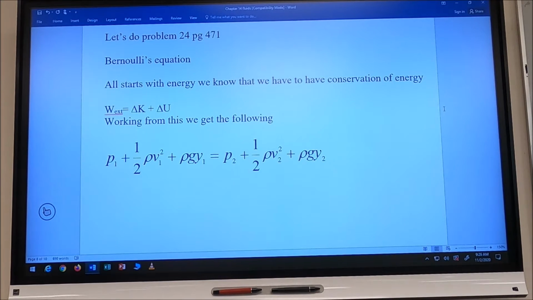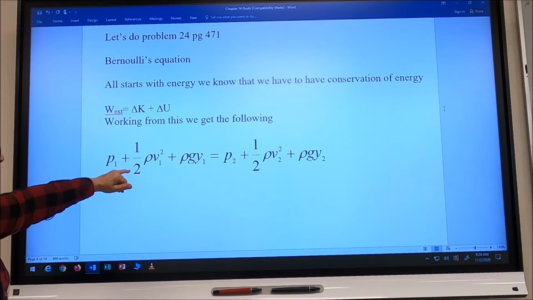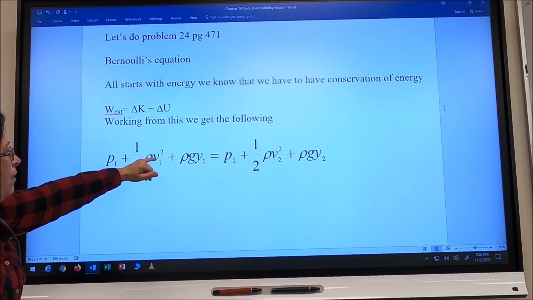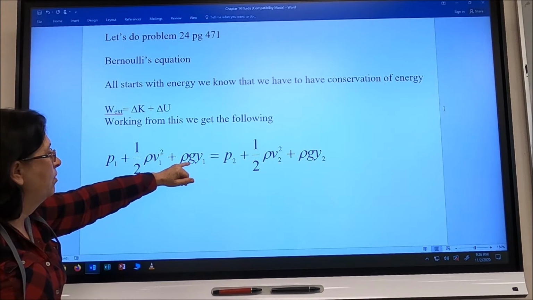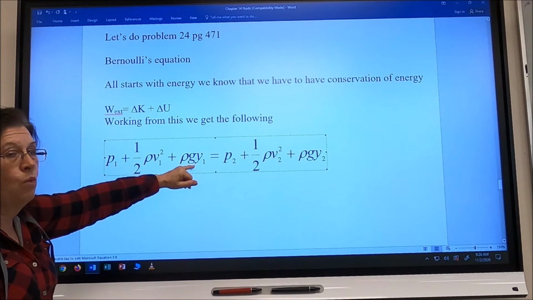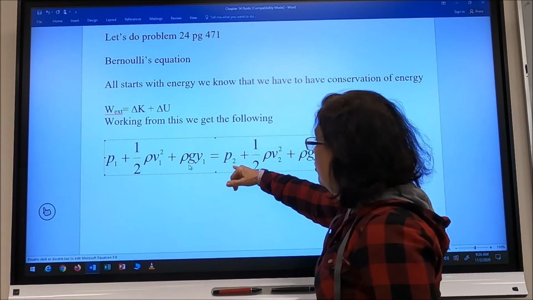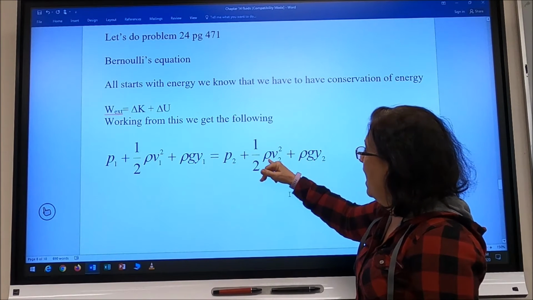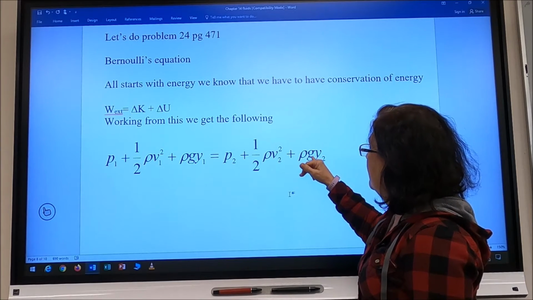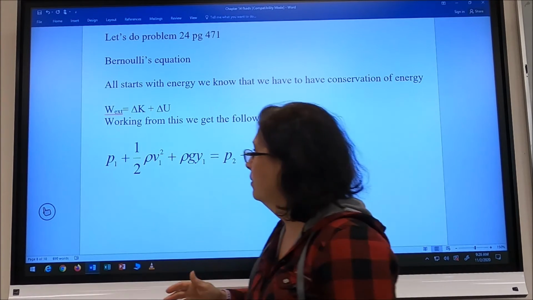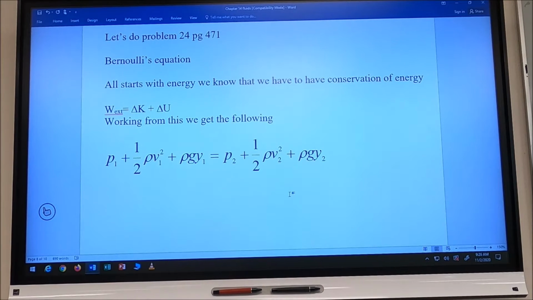Working with this, we can say that the pressure at point 1 plus 1/2 the density times the velocity of the fluid squared at point 1 plus the density times acceleration due to gravity times y1, being its height, is equal to P2 plus 1/2 the density times V2 squared plus the density times g times y2. Okay? This is the basis of Bernoulli's equation.